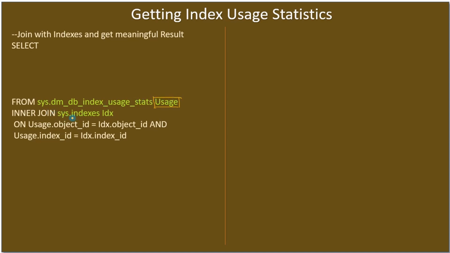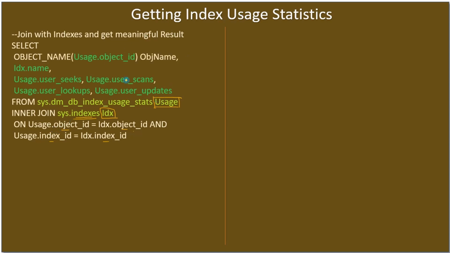Then we use sys.indexes and set the alias as idx, like we did before. On usage.object_id equals idx.object_id, that's one mapping, and we use index_id as well. This join we already saw when we collected the fragmentation statistics. This time we are going to collect usage statistics.